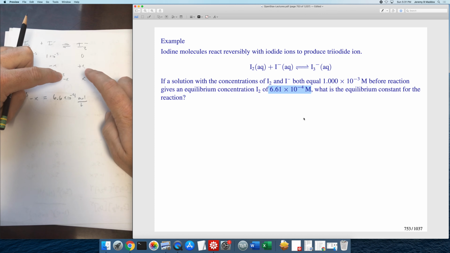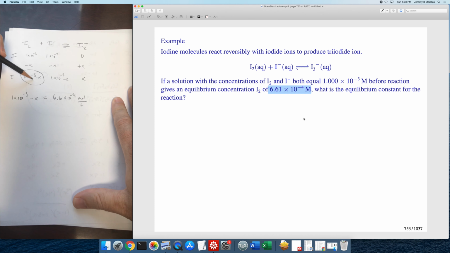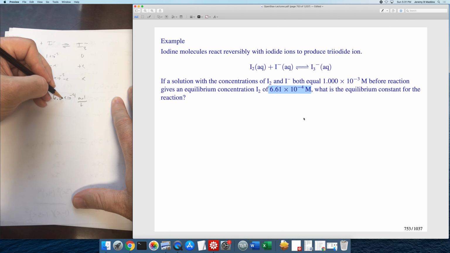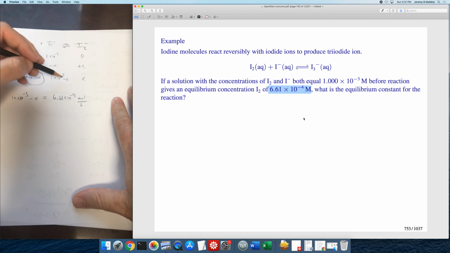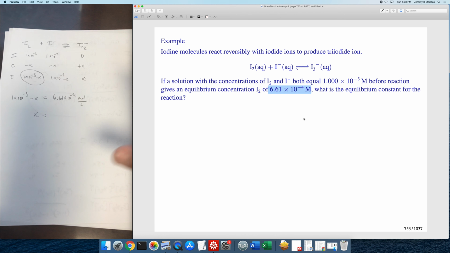Then they want us to find the concentrations of the other species. Well, just due to the stoichiometry, if this number is 6.61 times 10 to the minus 4, then so is this one, right? Because they equal the same expression. So this is also the concentration of the iodide at equilibrium. The concentration of the triiodide will be equal to x, so we need to solve for x.